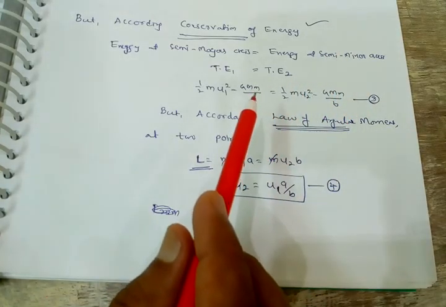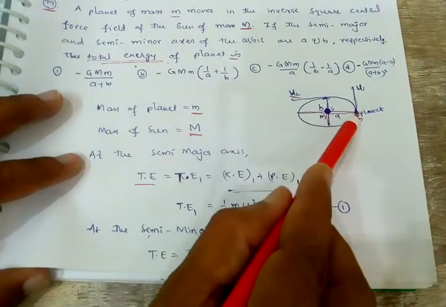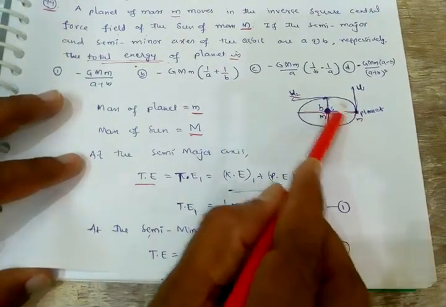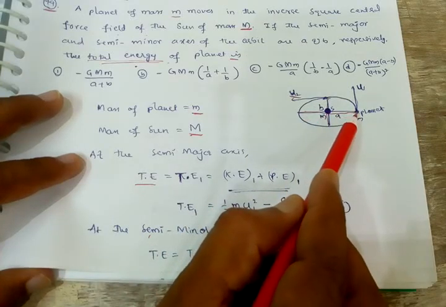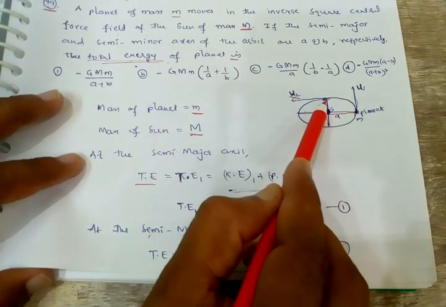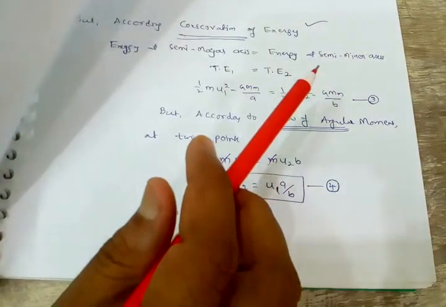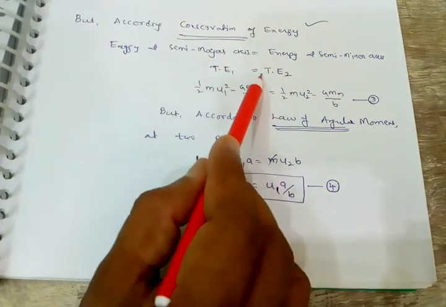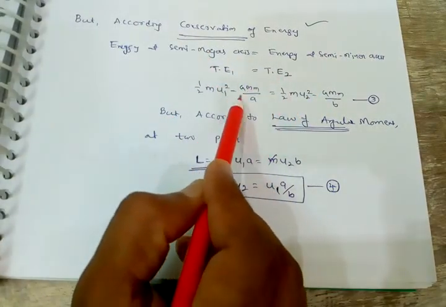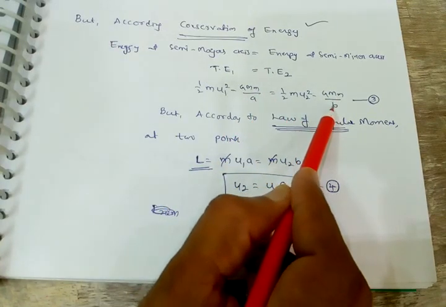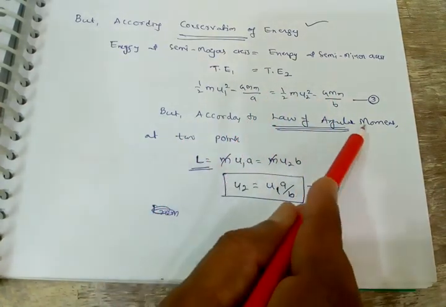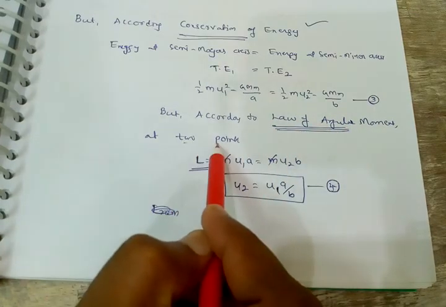The total energy should be the same at both points, that is conservation of energy. So TE1 equals TE2: half m u1 square minus GMm by a equals half m u2 square minus GMm by b. But we also have the law of angular momentum at two points.